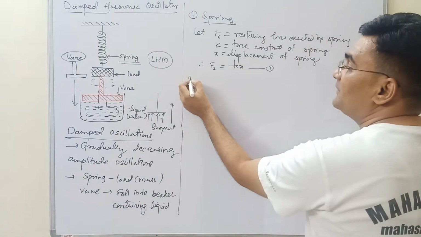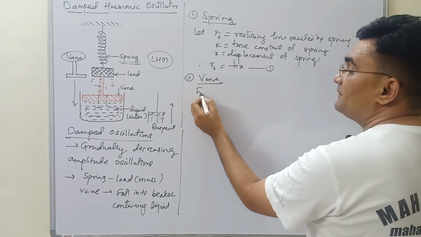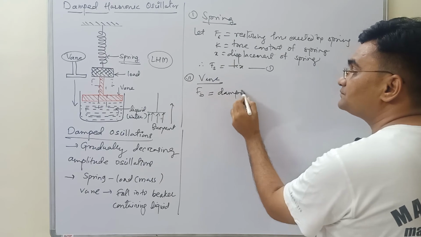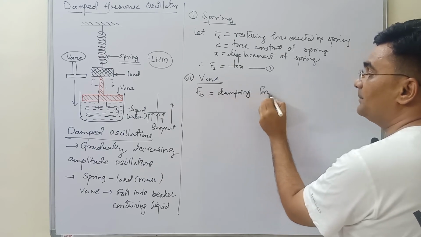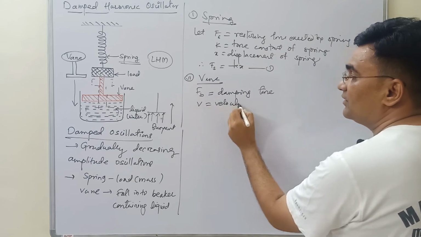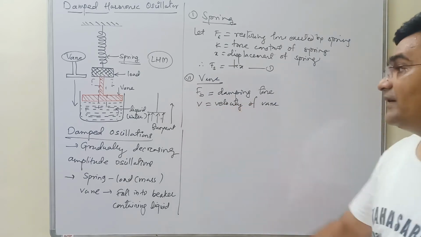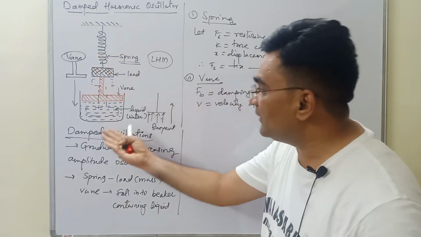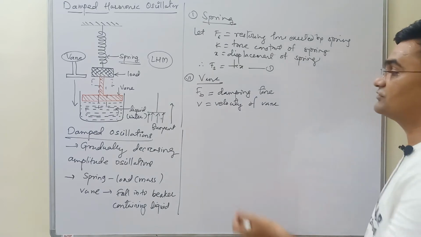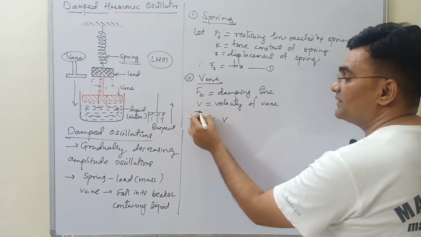So secondly, I will write for the vane. Let Fb be the damping force, and let v be the velocity of the vane. The greater the velocity with which the vane falls inside the liquid, the more force it gets opposed with. So Fb is directly proportional to v.